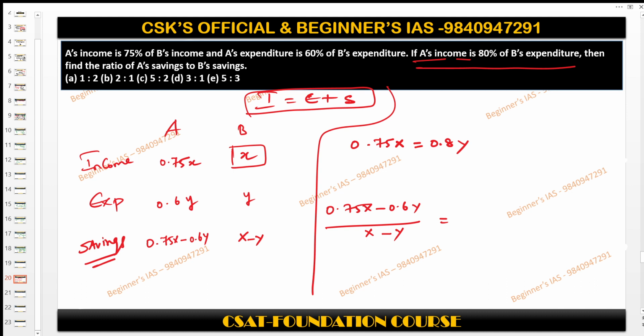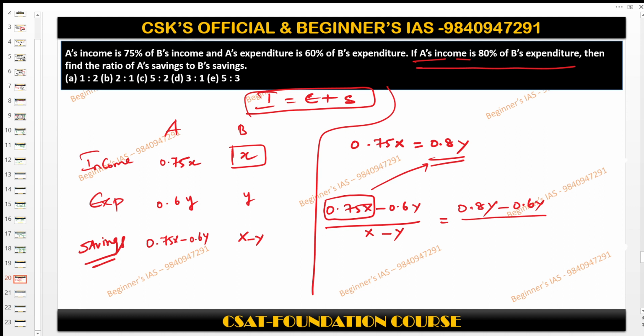So now my question is, listen carefully. 2 is to 1 is wrong. Now listen carefully. Can we replace this 0.75x as 0.8y? Yes, sir. Minus 0.6y. Okay, now listen very carefully.